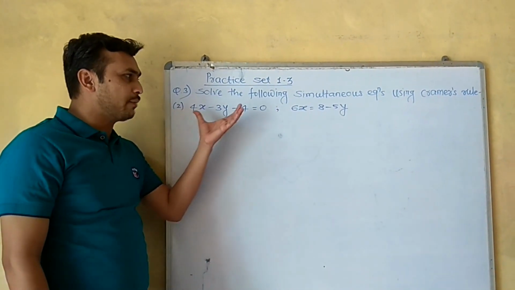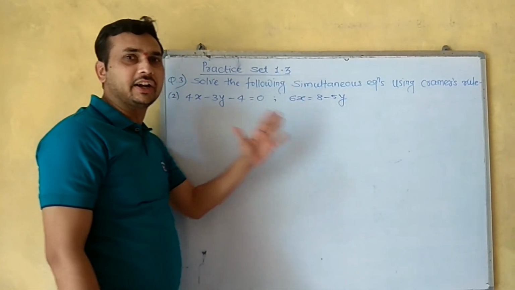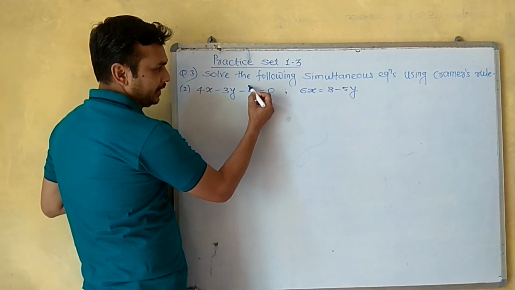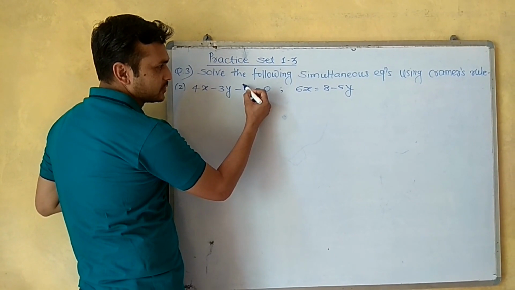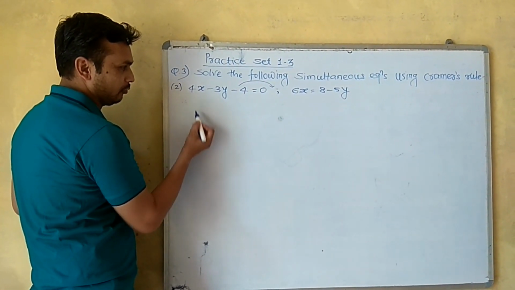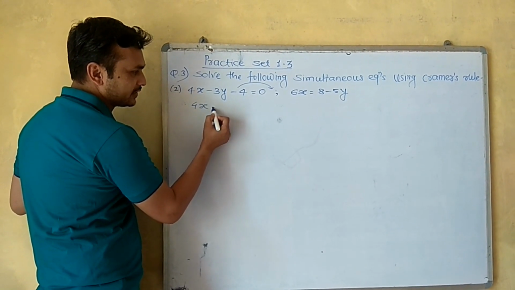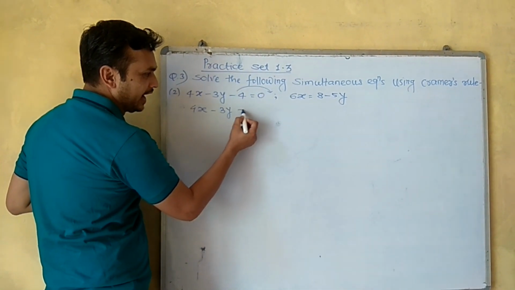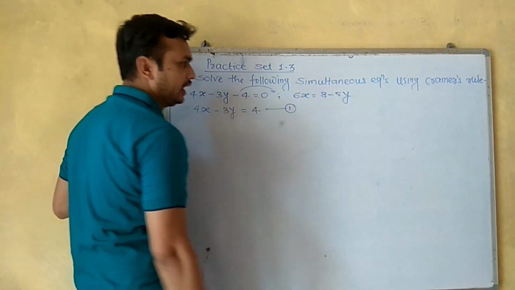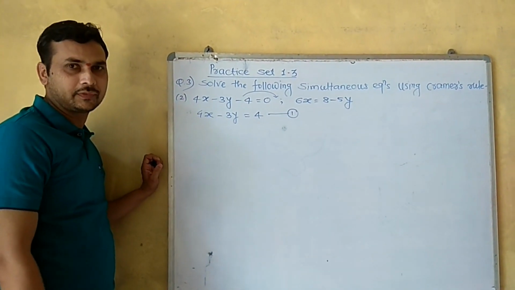Now let us write both equations in standard form. By bringing this minus 4 to the right hand side, we get 4x minus 3y equals 4. This is our equation number 1.